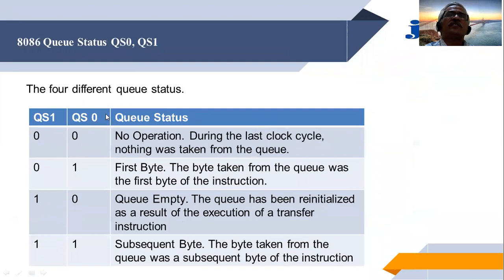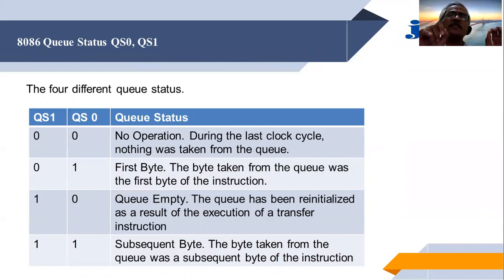Then with the help of QS0 and QS1, we can have 4 status informations. When they are both 00, the queue is not operating, so no operation. During the last clock cycle, nothing was taken from the queue. We know the purpose of the queue: it receives instructions in advance from the memory.